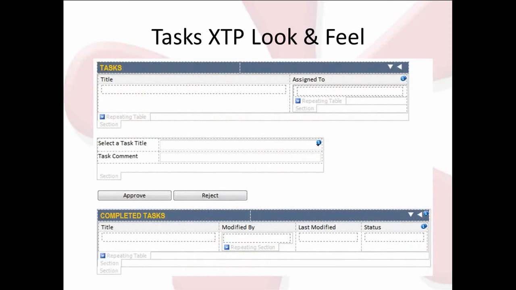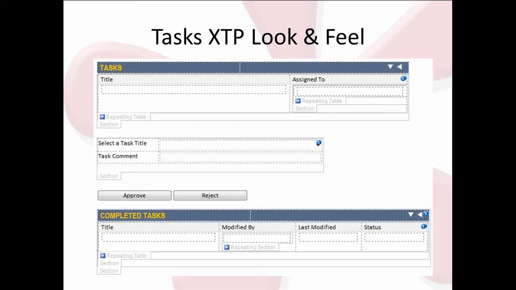And this is how the task XTP looks. On top is a repeating table that displays the current pending task list available. It has a title and shows who the task item is assigned to.